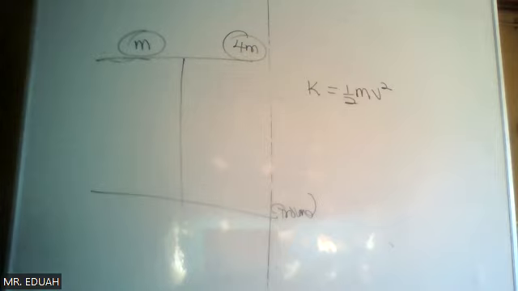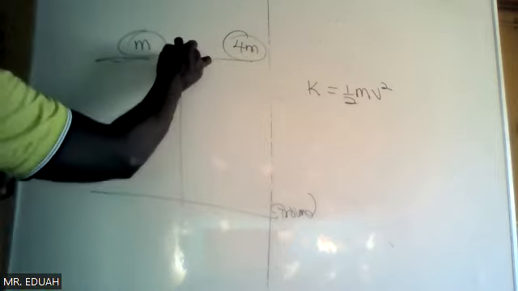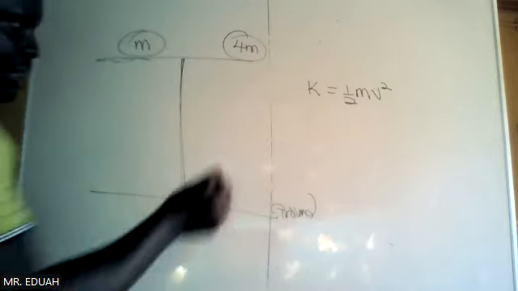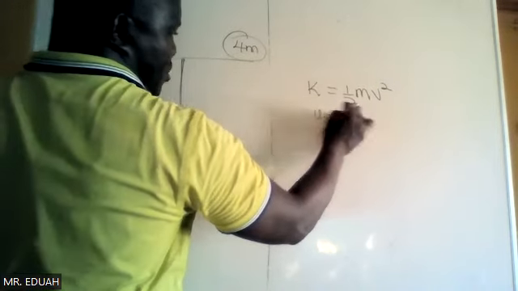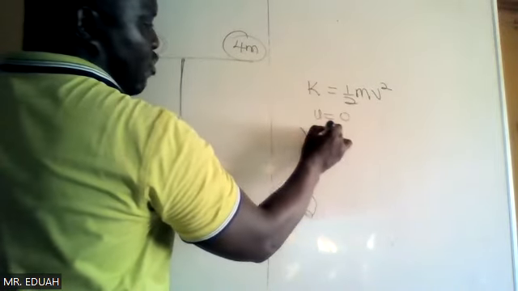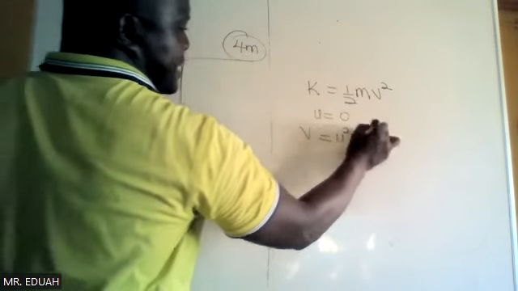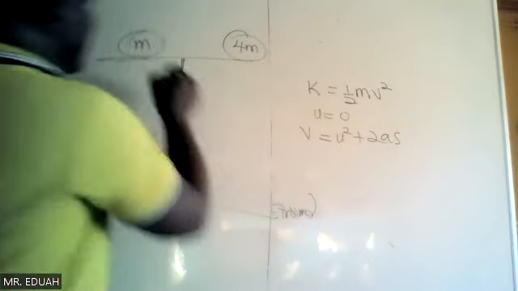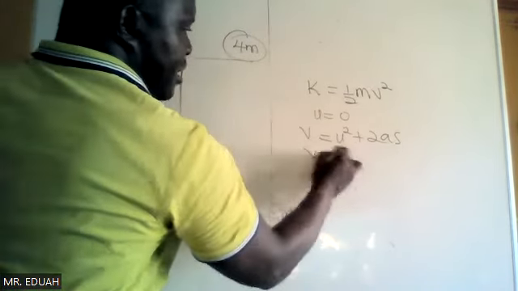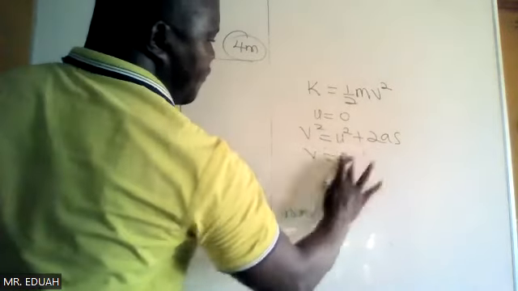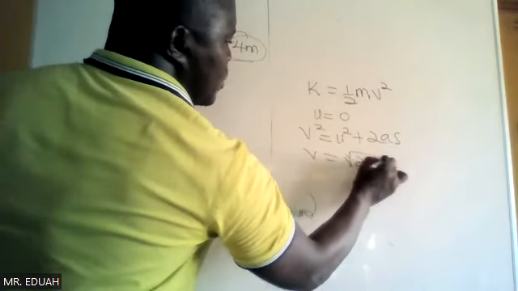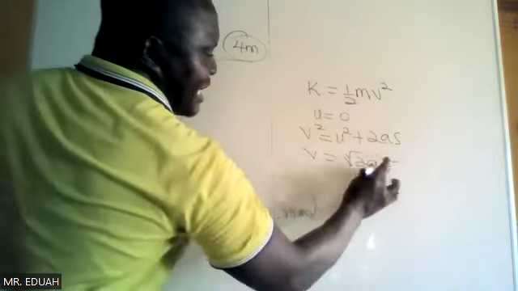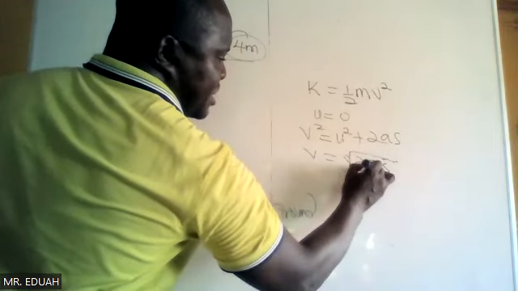and velocity. Now, when the body is dropping, here is a free falling situation. So in free falling, U is 0. So V squared will be equal to U squared plus 2AS. So the velocity of the first mass will be the square root of 2AS. Since it's free falling, this A is due to gravity, so g.